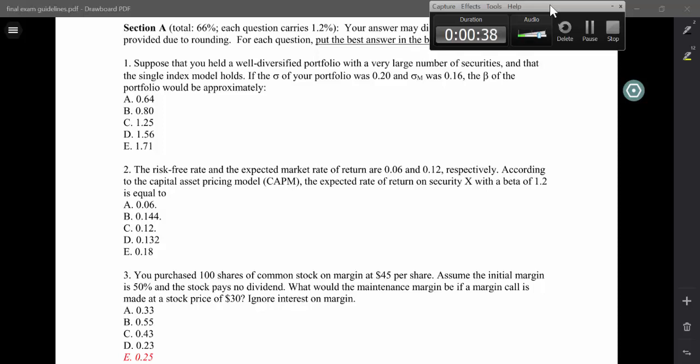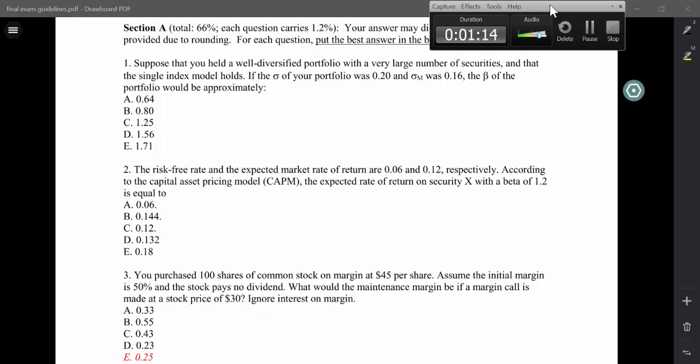Question 1. Suppose you have a well-diversified portfolio with a very large number of securities and that the single index model holds. If the sigma of your portfolio was 0.2, and the sigma for the market was 0.16, the beta of your portfolio would be approximately what?